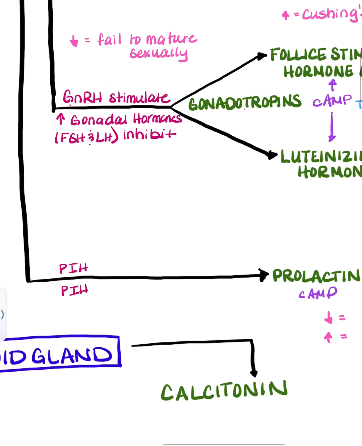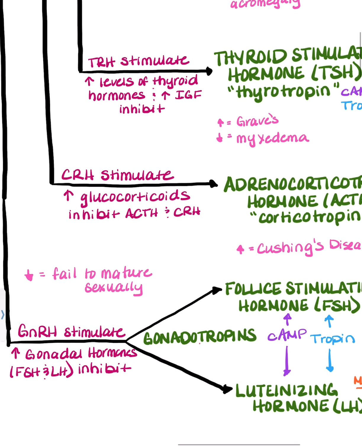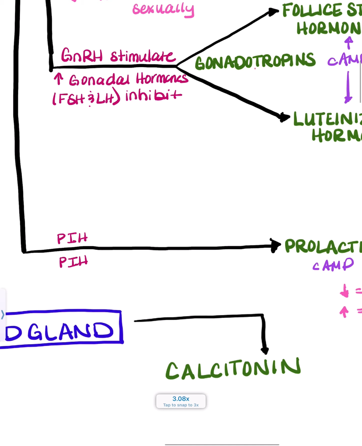So when we talked about the gonadotropin releasing hormone, that's going to stimulate the release. When we talked about CRH, that's going to stimulate the release of the hormone, and so on and so forth. This is unique in that we are working with an inhibitory hormone when we're talking about prolactin.